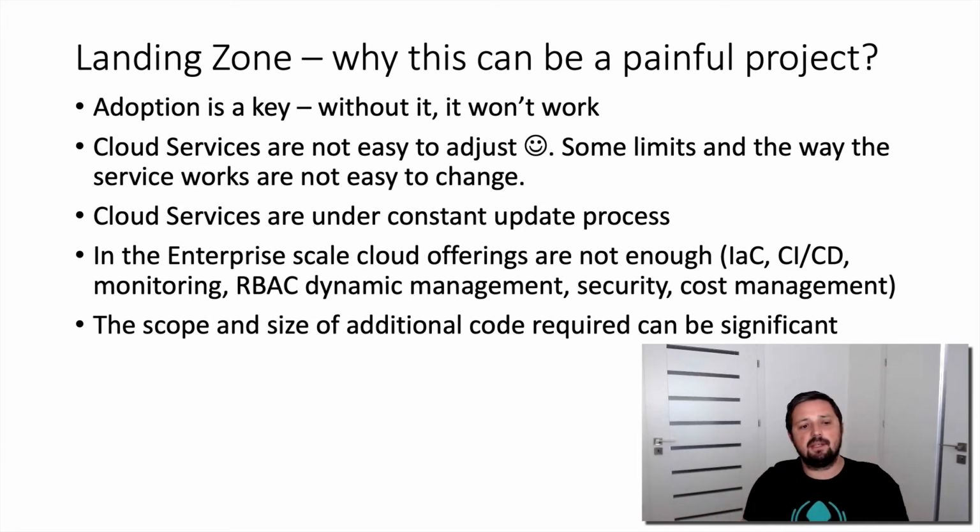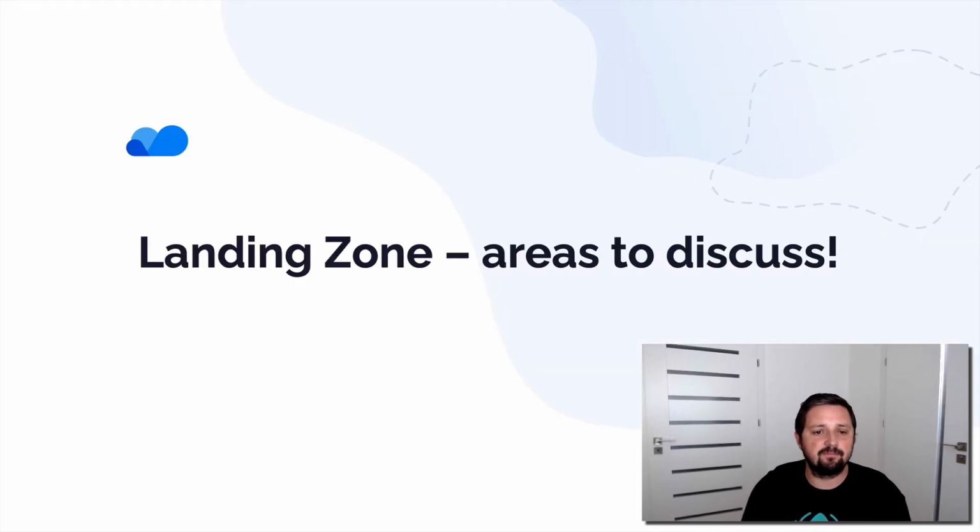And because of the previous point, around enterprise requirements, it may happen that building the landing zone requires a lot of code, a lot of things you have to do by yourself, or deliver using some third parties. So that's why it may take time to deliver that.